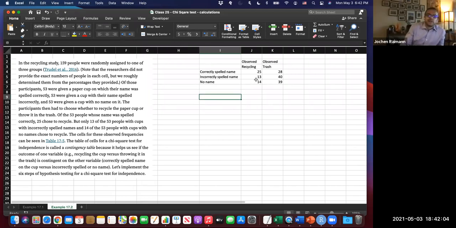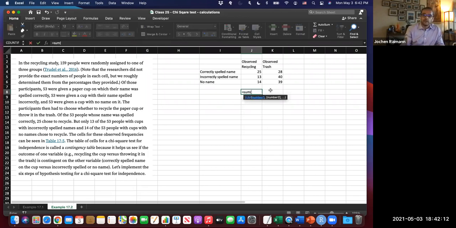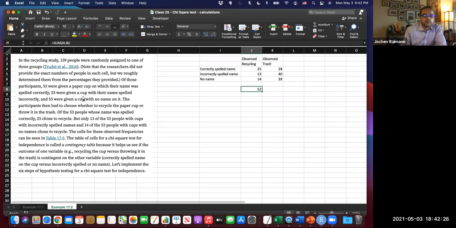Very good. So now we have these 6 different cells, right? So now we have 53 in each of them. So we have here 25 and 13 and 14 is 53. Didn't they say 53? Either I copied that wrong or what? Hold on.